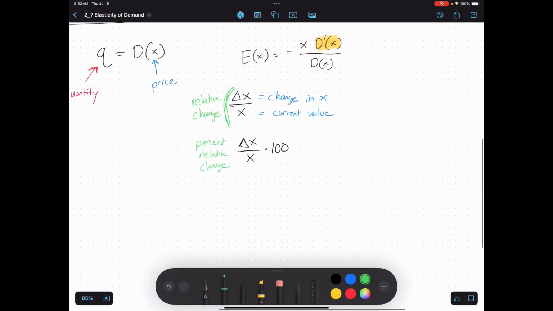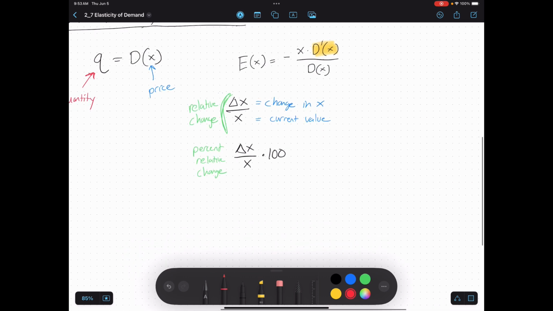Let's throw out an example to help make sense of it. Say I increase the price by $1. That would be my delta x, my change in x. But if the current price is $3, what's my relative change?